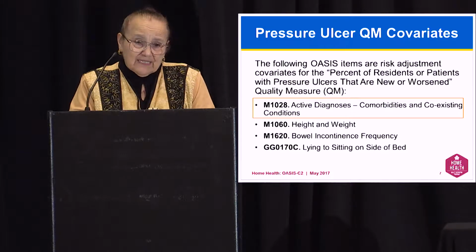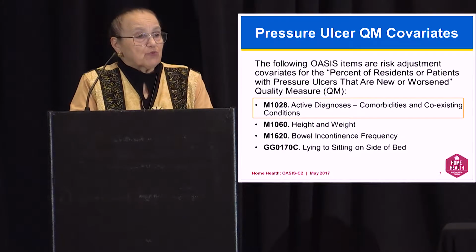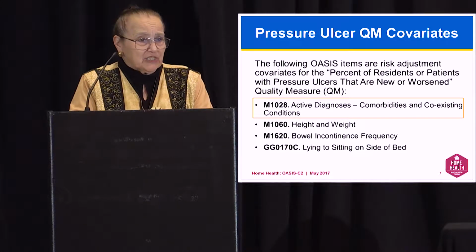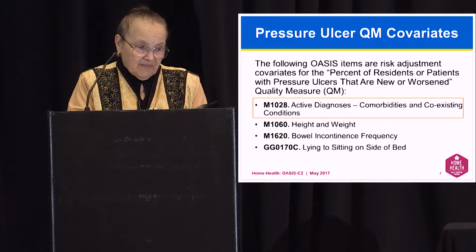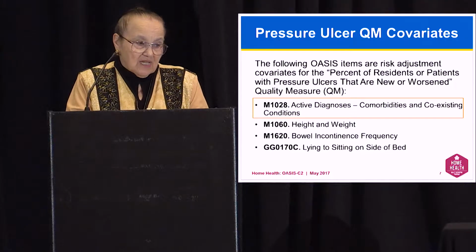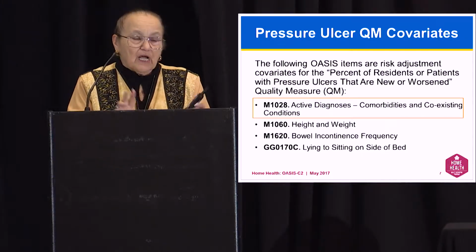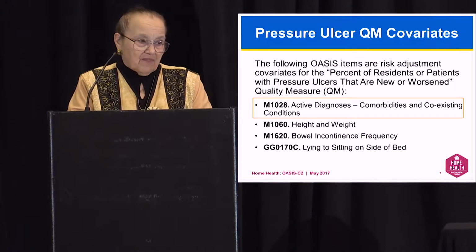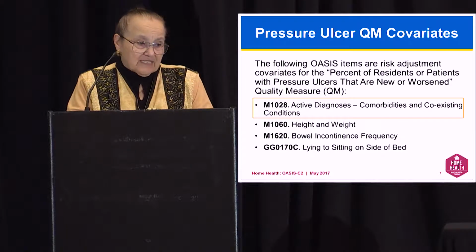A covariate is a factor that affects the risk level for your patient to develop a new pressure ulcer or to have an existing one exacerbated or made worse. These four items are the risk adjustment covariates that affect the percentage of residents or patients with pressure ulcers that are new or worsened.